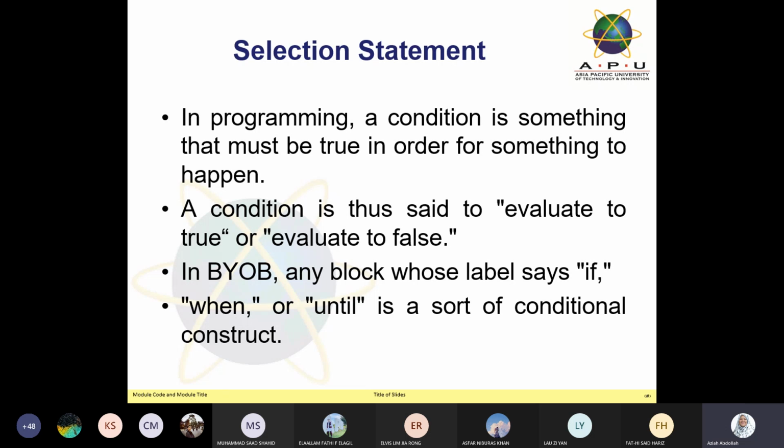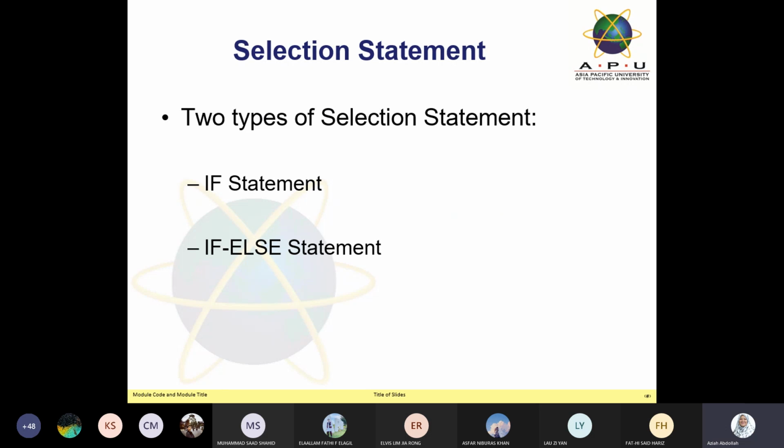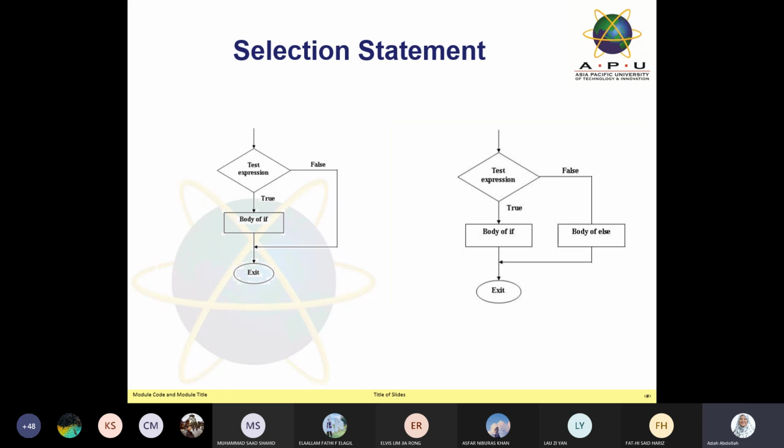Next. There are two types of selection statement in our programming language, in our BYOB or Snap or Scratch: if and if-else. This is the usual one. I will show you the first one first. Okay, if-else.